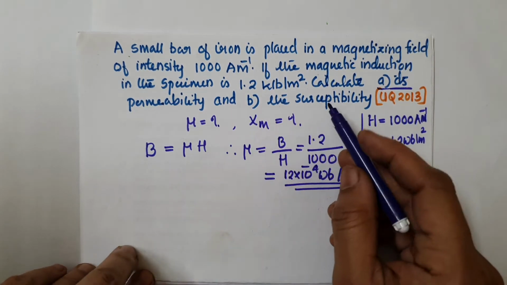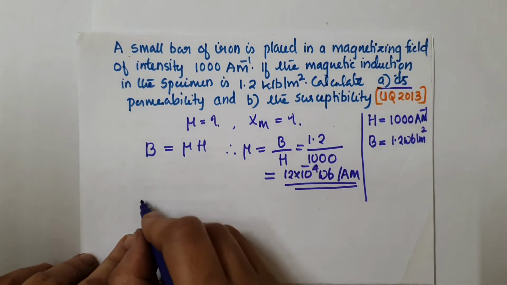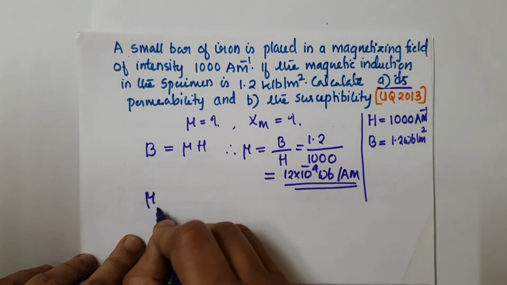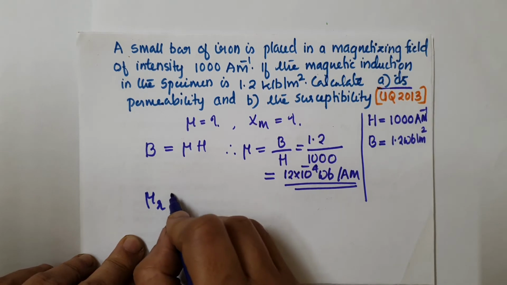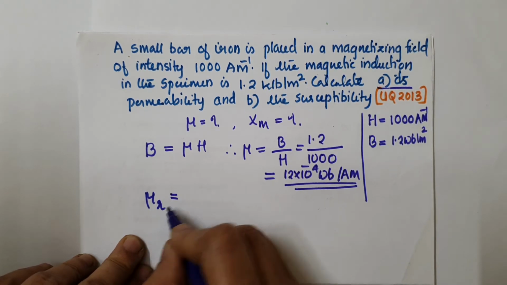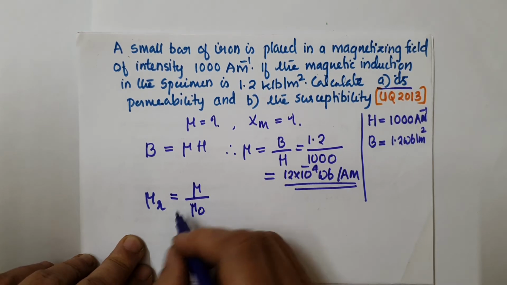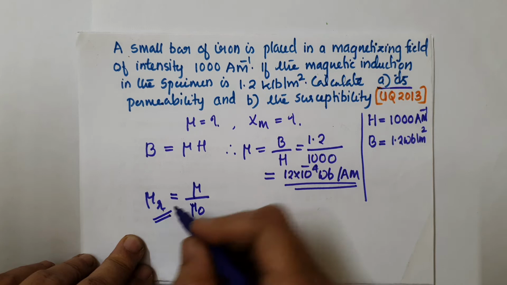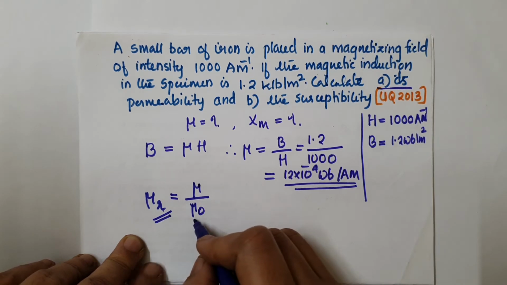And next is the susceptibility, and we have the relation between permeability of free space and permeability of a medium by the relation mu r is equal to mu divided by mu 0. That is, the relative permeability is the ratio between the permeability of a medium to the permeability of free space.